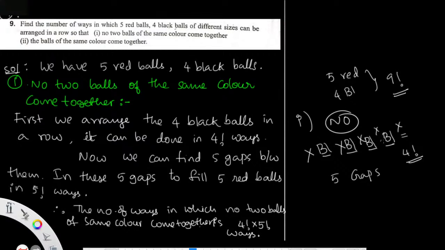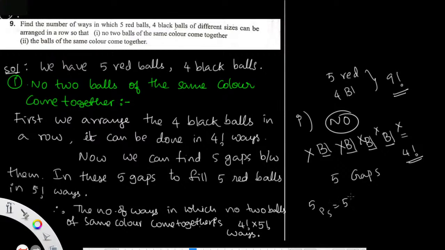Now we can find 5 gaps. In these 5 gaps, we can arrange the red balls. How many red balls are there? 5. So 5 balls can be placed in 5 places. That is nothing but 5P5. 5P5, nothing but nPn, is n factorial, so 5P5 and 5 factorial are the same thing.